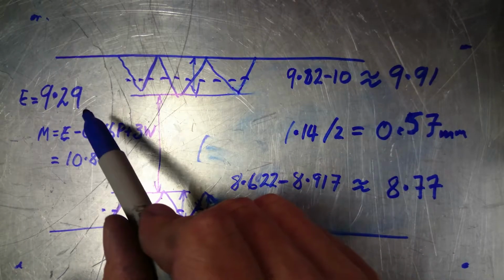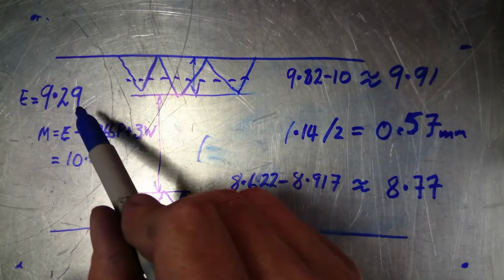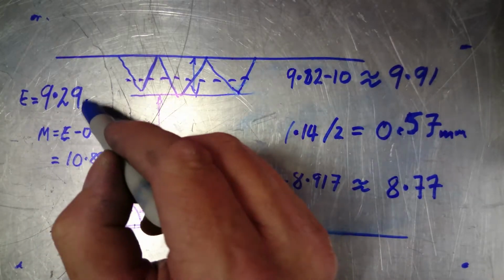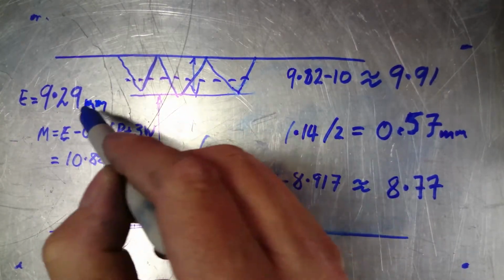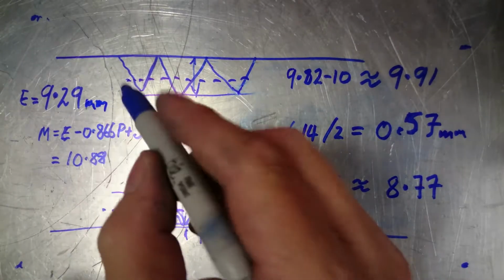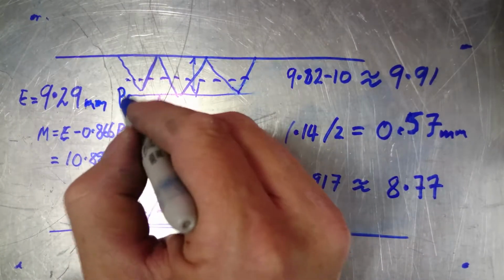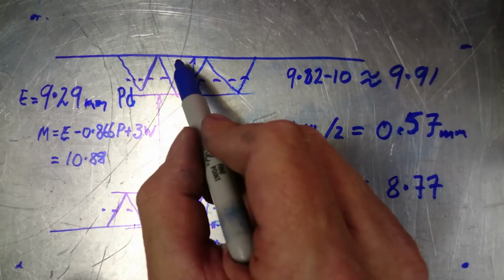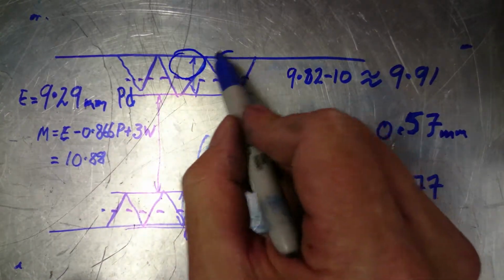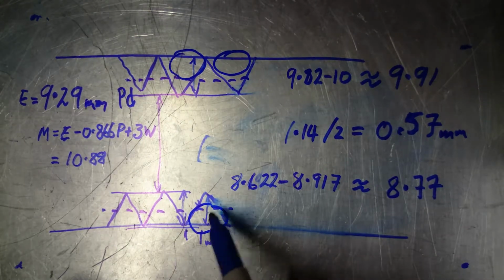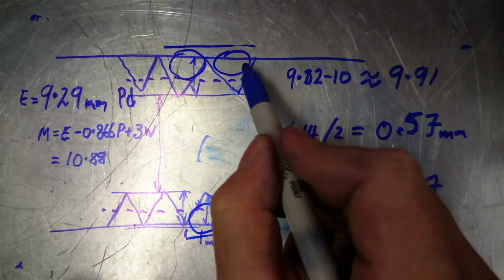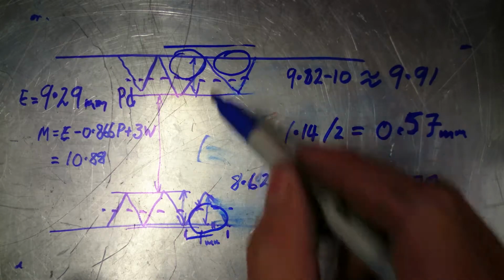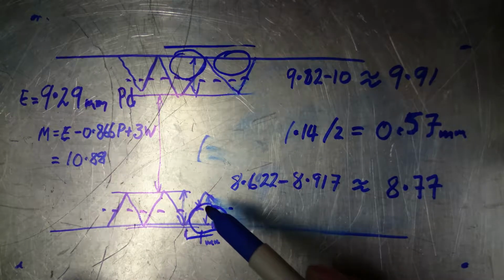Now the pitch diameter for the M10 by 1 thread in the Machinery's Handbook is specified as 9.29 millimeters, and the pitch diameter you can measure, so let's also call this PD or pitch diameter. So you can measure that using the over the wires method. So that's where you put 2 wires on one side and another wire on the other side, and then measure over the wires, and then there's a formula that you can use to determine what this measurement should be for a specific pitch diameter.